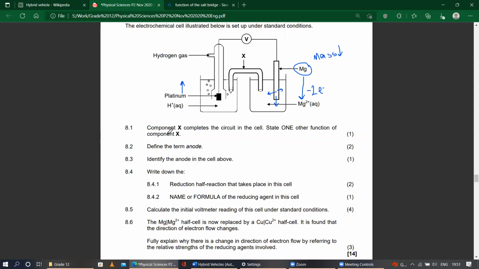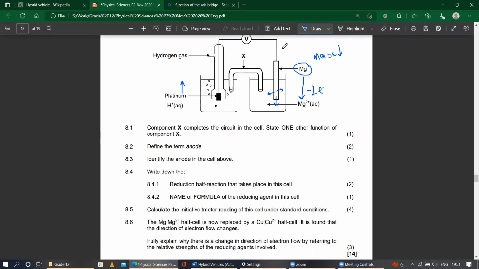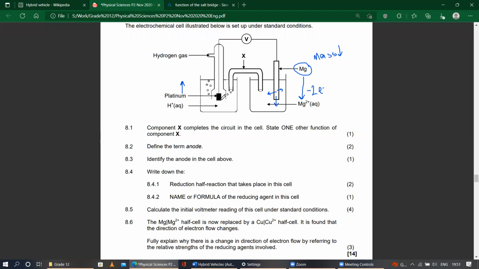They say define the term anode. So as I've told you, the galvanic cell is made up of two metals. One of them is going to be the cathode and one of them is going to be the anode. So do you know how to define the anode?